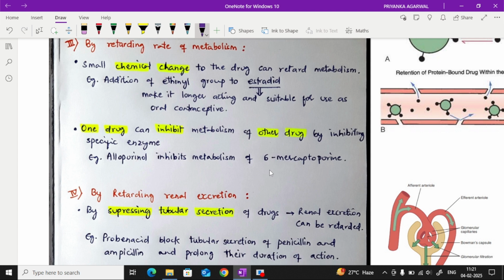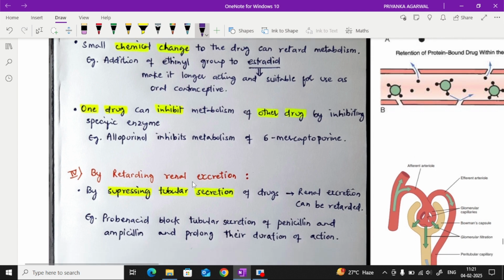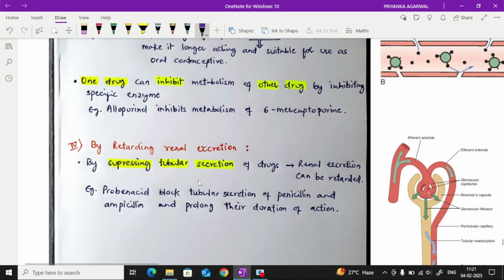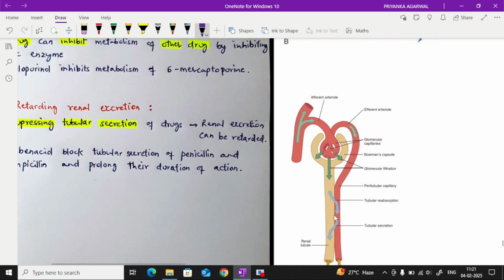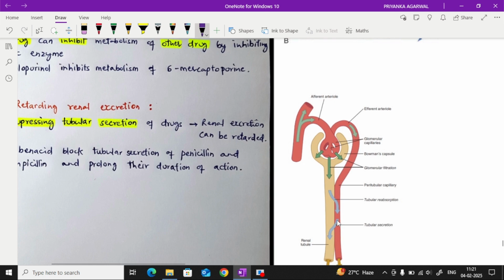Done. Now what are we doing at the excretion level? We are retarding the excretion, so that we let the drug stay in the body for a longer time. How do we do it? By suppressing tubular secretion. What do we mean by tubular secretion? You can see in the diagram, from the blood vessel the drug is coming into the nephrons.